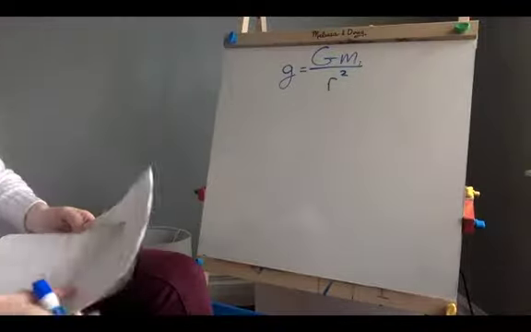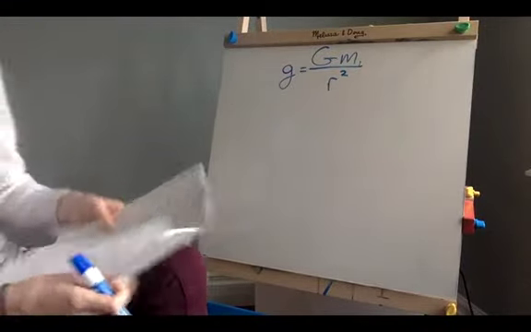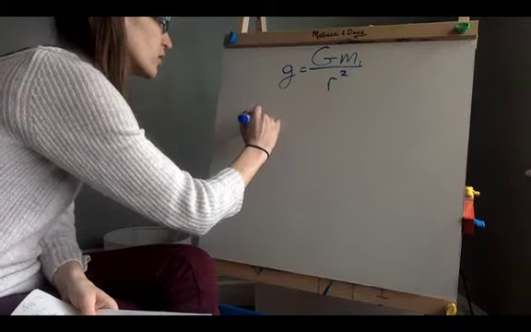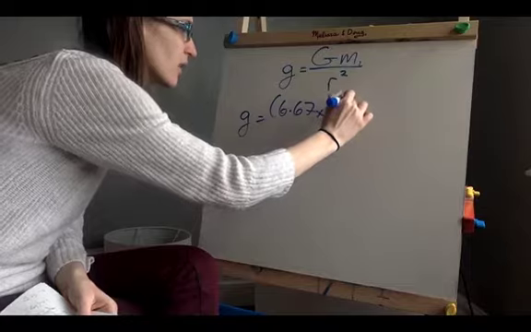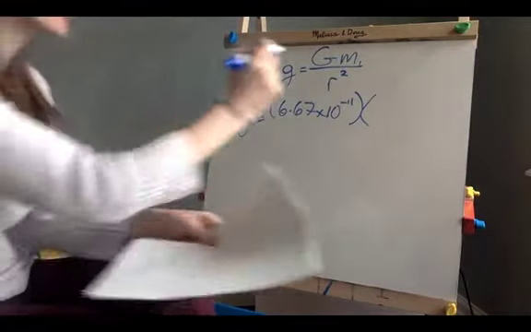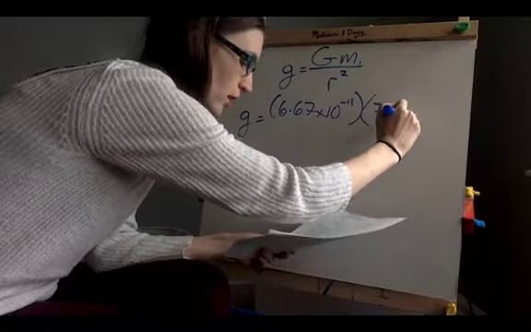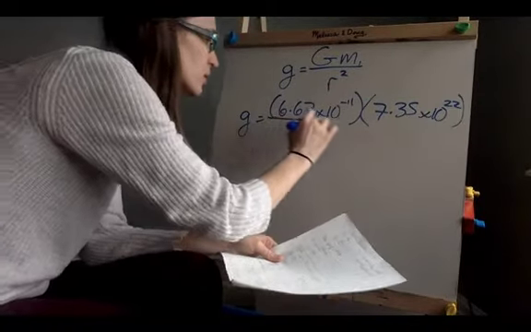So we look at our fact sheets to get the values that we need here. We've got our universal gravitational constant as 6.67 times 10 to the minus 11. We can look up the mass of the moon, which ends up being 7.35 times 10 to the 22 kilograms.